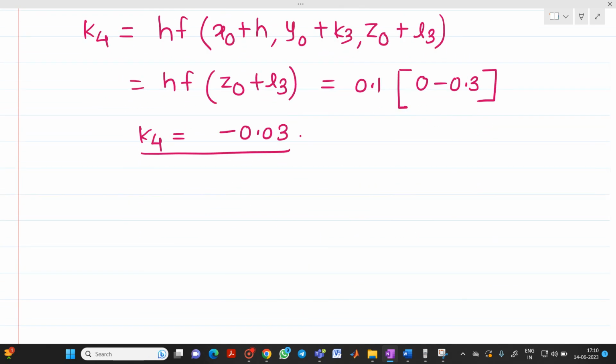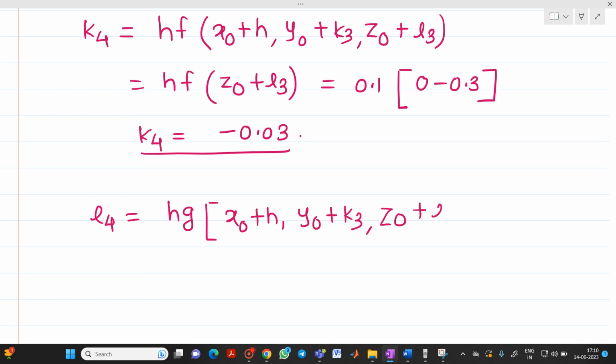And last we have to find L4, which will be equal to h into g of x0 plus h, y0 plus k3 and z0 plus L3. What is your g of x comma y comma z? The function is xz minus y.